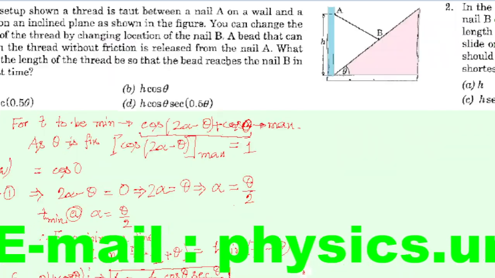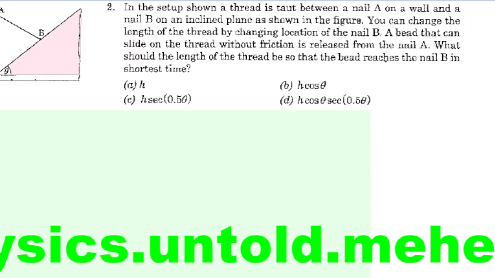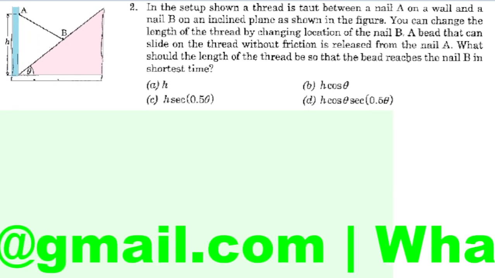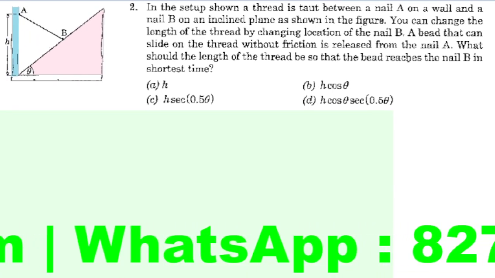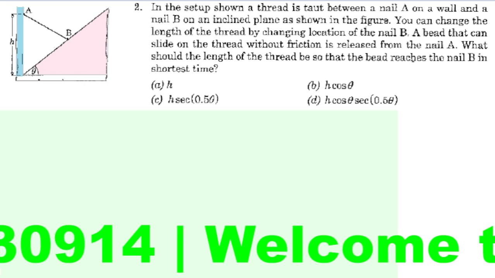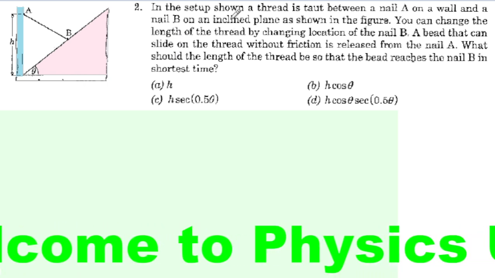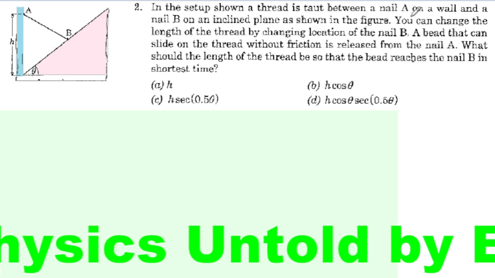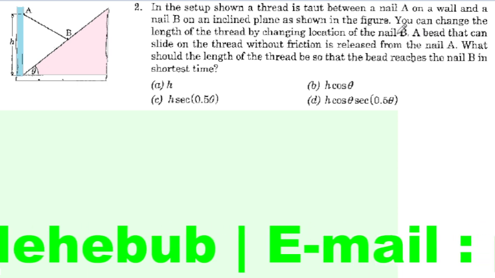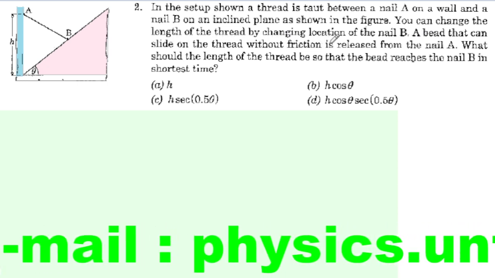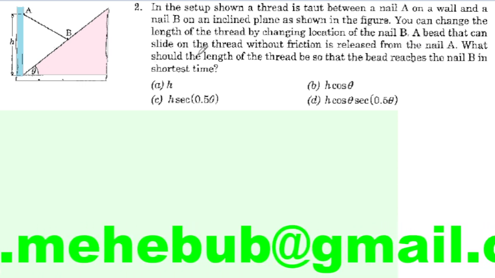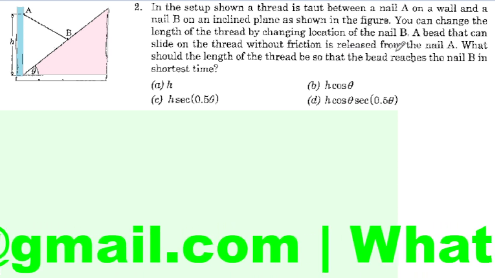As mentioned in our question, in the setup shown a thread is taut between a nail A on a wall and a nail B on the inclined plane as shown in the figure. You can change the length of the thread by changing the location of the nail B. A bead can slide on the thread without friction and is released from the nail A.